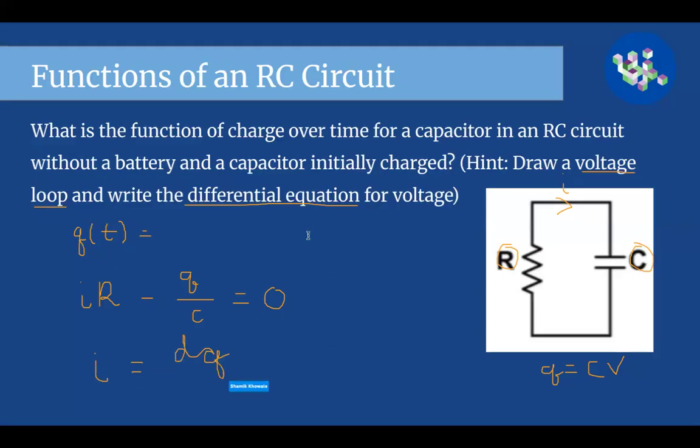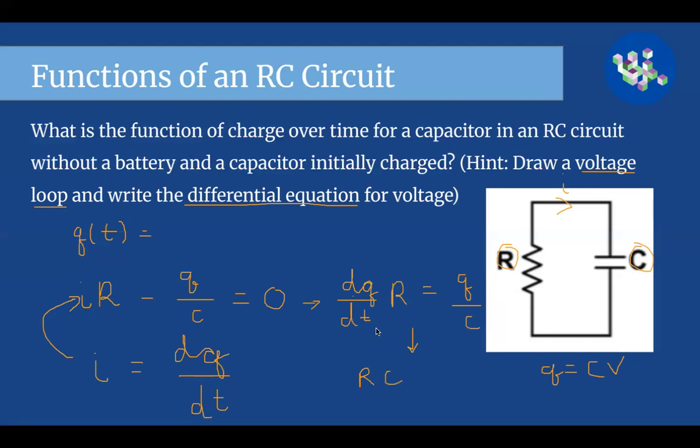This is a very important definition because if we plug this in here, we get that dq over dt times R equals Q over C.